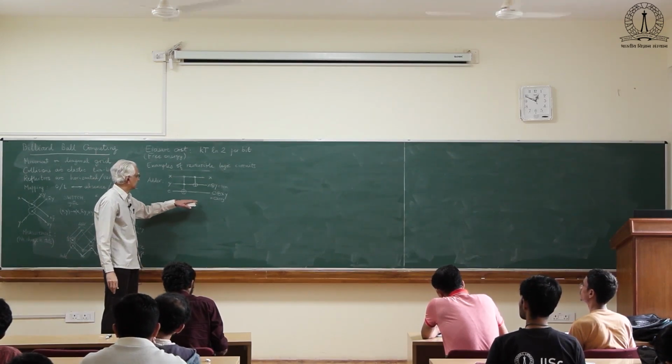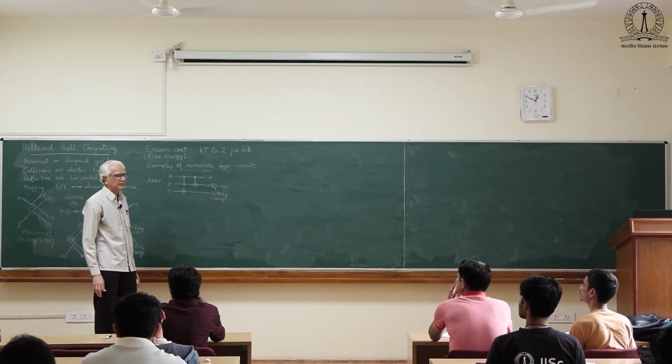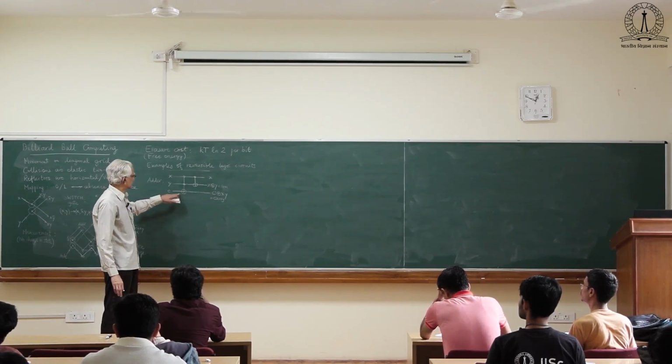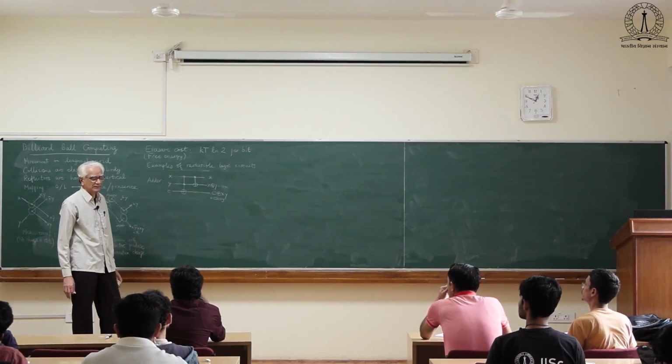Multiplying is kind of trivial because this first gate itself does the job of multiplying. You have to put this initial bit equal to 0, but it will multiply the 2 bits.